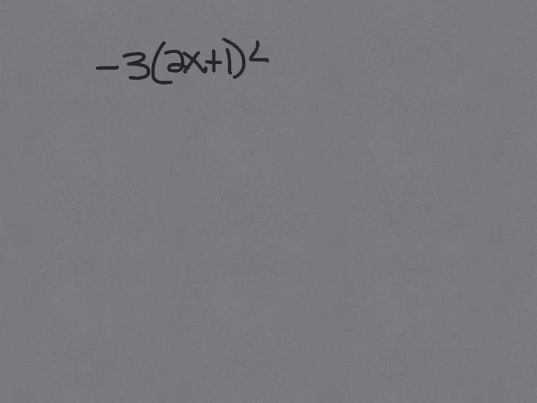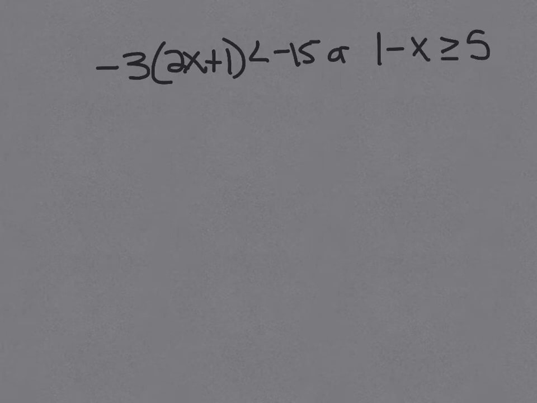Let's look at number 5. Negative 3 times 2x plus 1 is less than negative 15, or 1 minus x is greater than or equal to 5. All right, so we need to distribute this first.